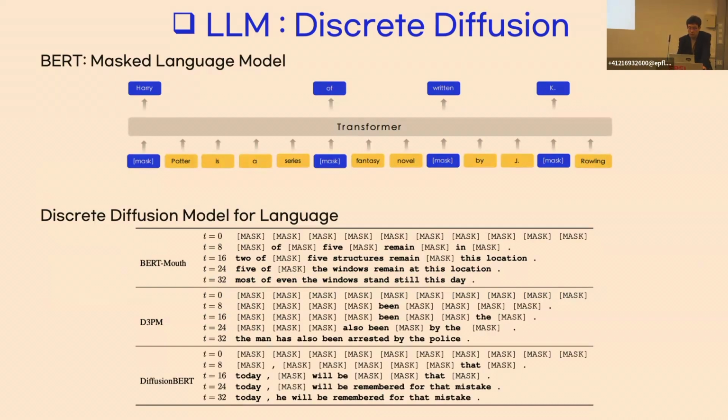For example, in a BERT type of language model, you have masked token estimation, but you can implement this in a discrete diffusion way. It starts with the complete mask, and you gradually estimate each mask according to the time schedule. That's what discrete diffusion is doing in the language model domain as well.